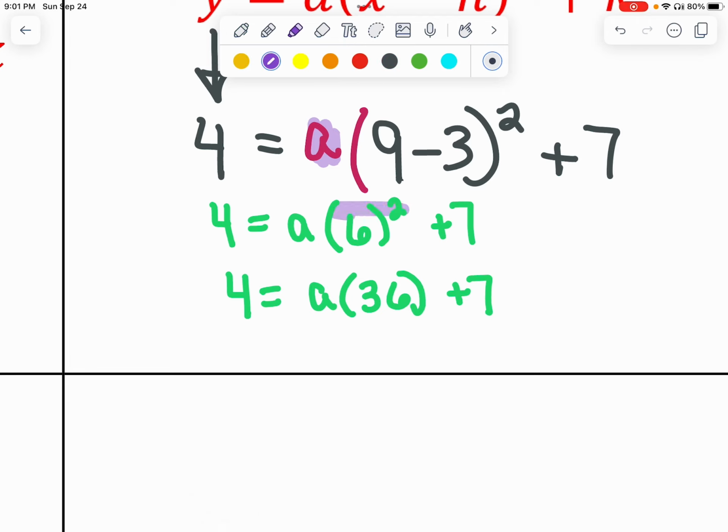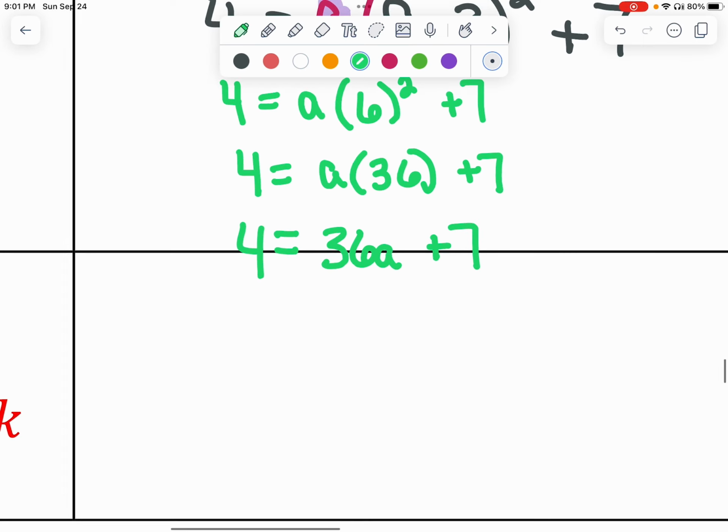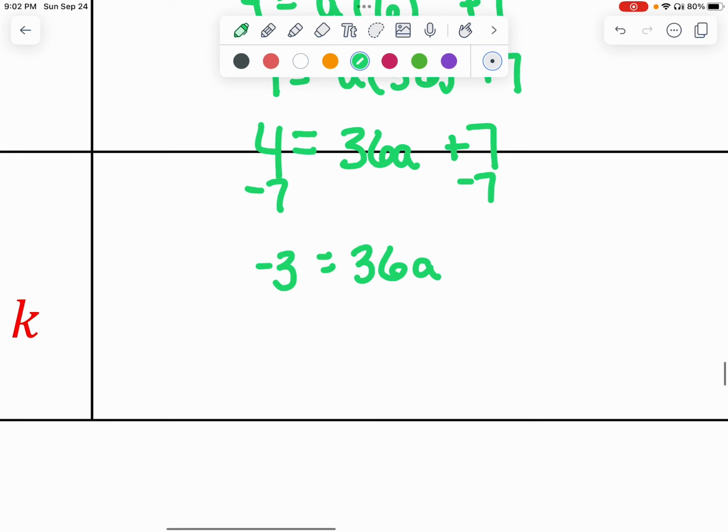Kids mess this step up all the time. Make sure you square it. That's pretty much what I'm trying to get at. 4 equals 36A plus 7. Minus 7. Negative 3 equals 36A. Divide by 36.